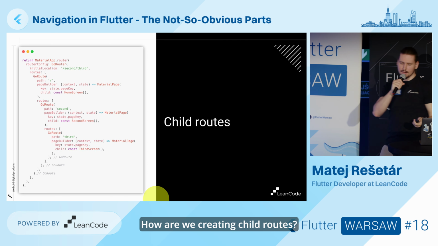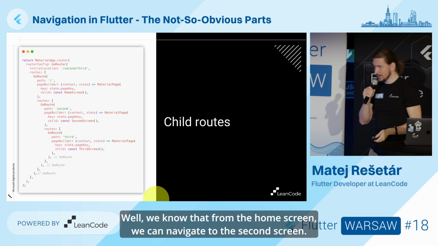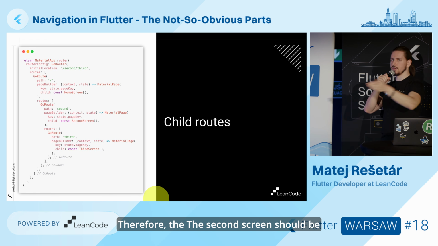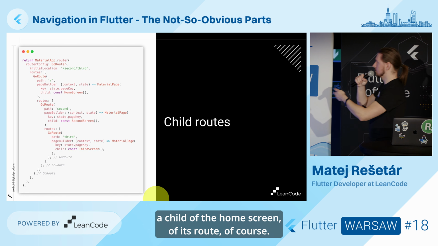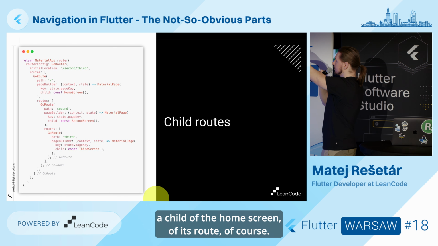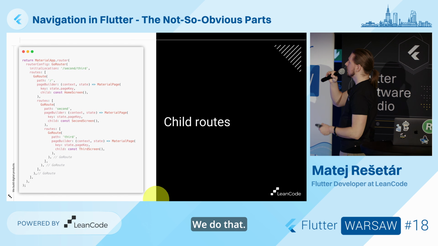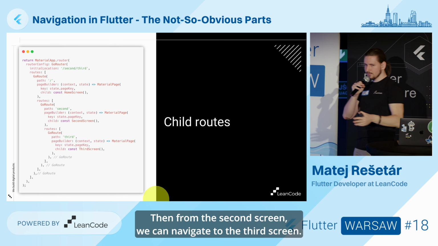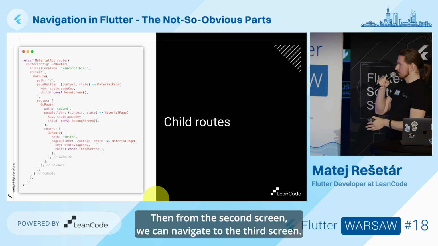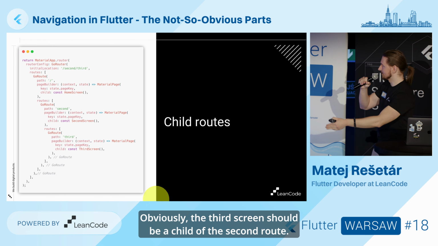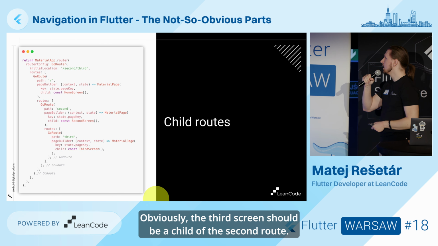And how are we creating child routes? Well, we know that from the home screen, we can navigate to the second screen. Therefore, the second screen should be a child of the home screen, of its route, of course. So we do that. And then from the second screen, we can navigate to the third screen. So obviously, the third screen should be a child of the second route.